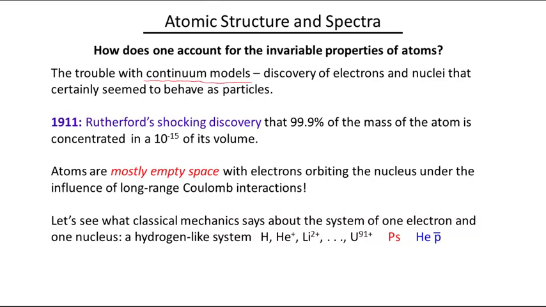But the whole idea of the continuum models of atoms as some kind of fluid confronted a real difficulty in the discovery that atoms seemed to be made of particles interacting with electric charges and thereby interacting via electric forces.